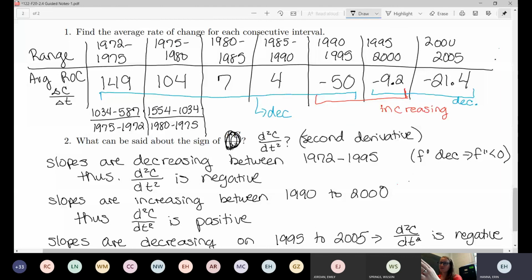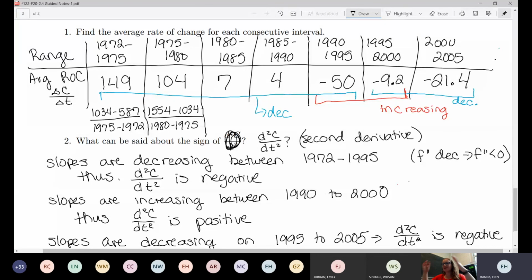Saying that from -50 to -9.2 that we increased is still correct. Saying that going from -9.2 to -21.4 is decreasing is still correct. Even though there's that weird overlap between them, it's just because the x values we're using, if you will, are kind of these ranges instead of just singular points.